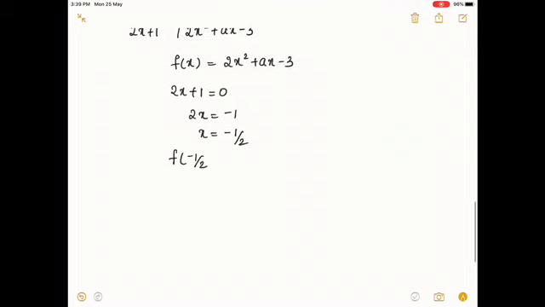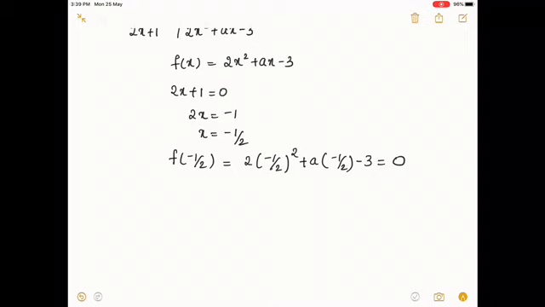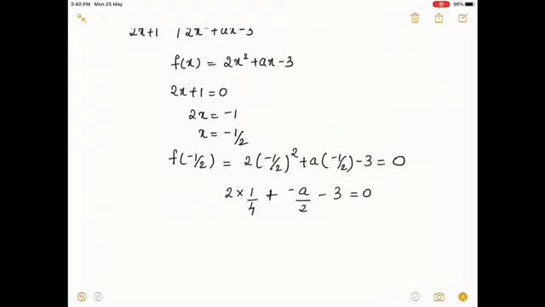f of minus 1 by 2 equals 2 into minus 1 by 2 square plus a into minus 1 by 2 minus 3 equals 0. 2 into 1 by 4 plus a into minus 1 by 2. So you'll get 1 by 2 minus a by 2 minus 3 equals 0.